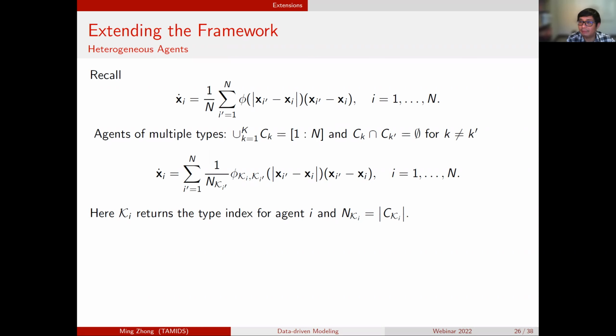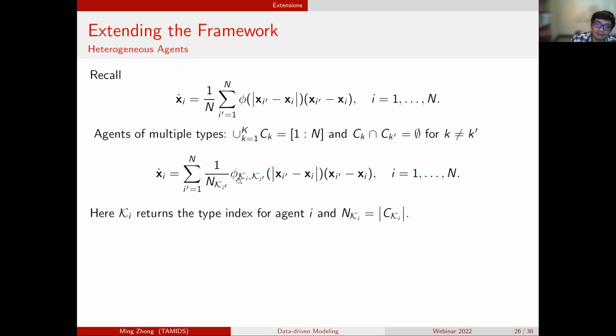We're going to assume that we can divide this group of agents into several different types, and the sets of different types don't intersect. So we don't have an agent belonging to two different types. It's one agent to one type. Then we extend this model from depending only on pairwise distance to also depending on the types.